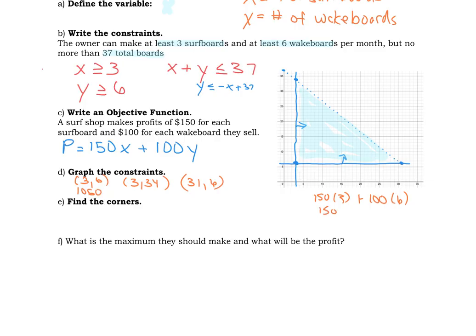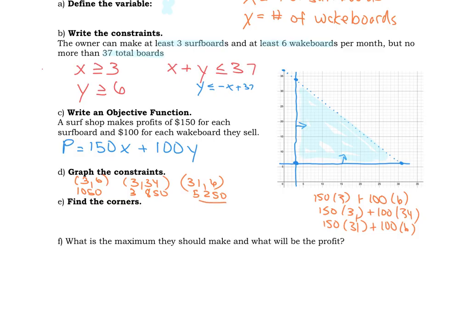And then 150 times 3 plus 100 times 34, that's 3,850. And then 150 times 31 plus 100 times 6, that's 5,250. The maximum they should make and what will be the profit.